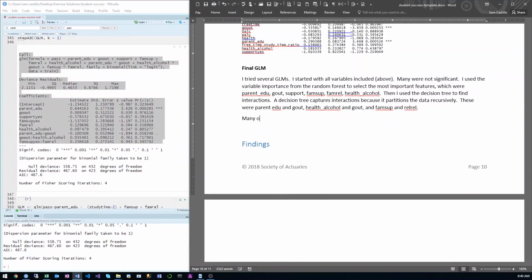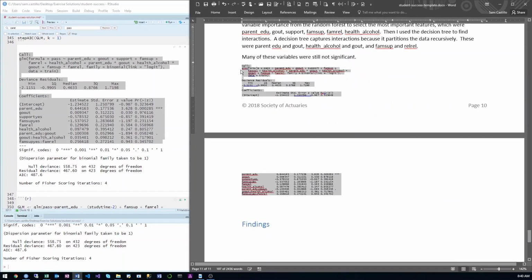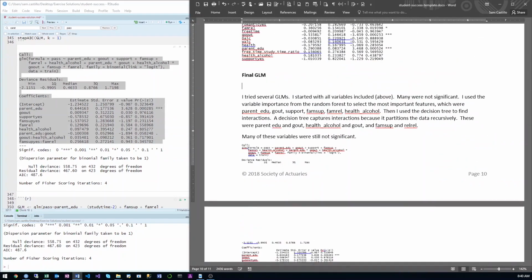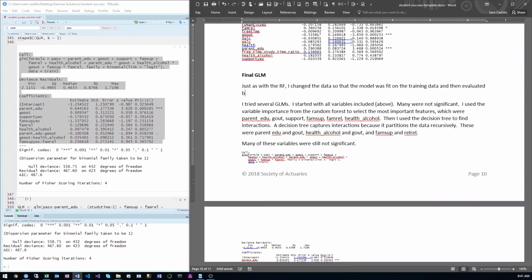Many of these were still not significant, and I should also mention, just as with the random forest, I changed the data so that the model was fit on the training data and then evaluated based on the test data.